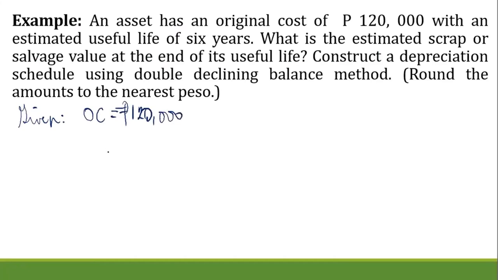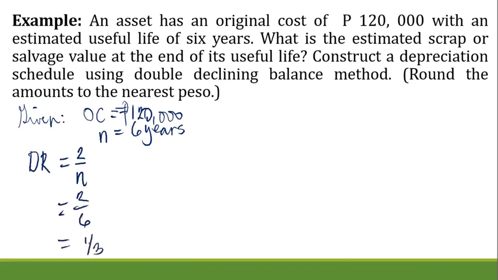And its estimated useful life is 6 years. So we are going to use the formula of depreciation rate, the DR, which is equal to 2 over n. So 2 over 6 is equal to 1/3.